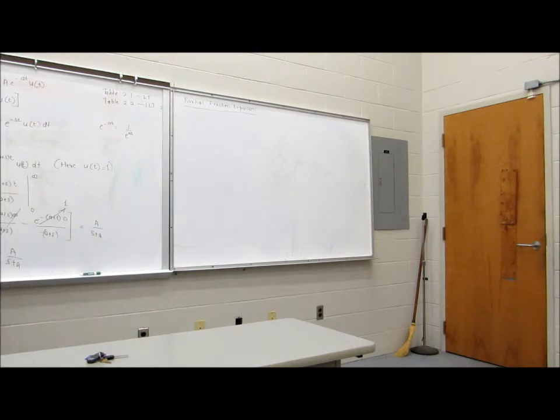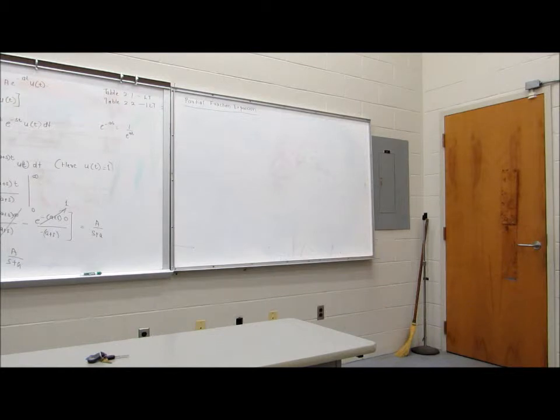Okay. Why do we need partial fraction expansion? We need partial fraction expansion because Laplace transform tables, as you see, are defined for relatively simple functions. If it's a complex function, you remember what an improper fraction is? What is an improper fraction?